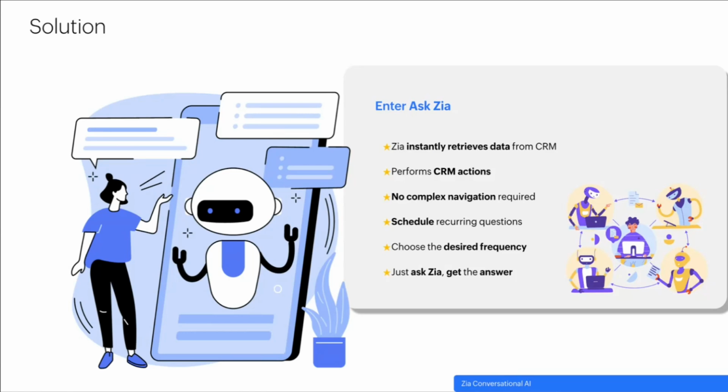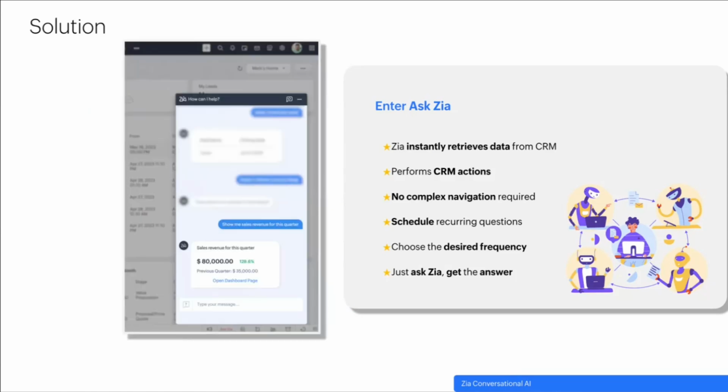For instance, a sales manager in need of sales revenue data for the current quarter can merely type, show me the sales revenue for this quarter, and within seconds, the information is displayed on the screen. It's like having a personal assistant with an in-depth understanding of the CRM system, who is always ready to fetch data or perform actions at a moment's notice.